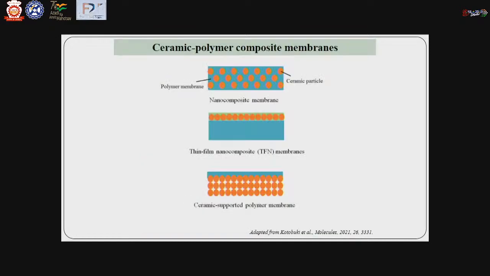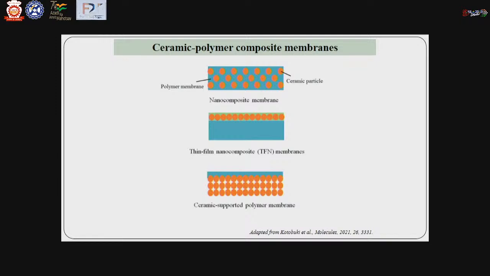Now coming to ceramic polymer composite membranes, they can be broadly classified into three types. The first type is the nanocomposite membranes, where ceramic nanoparticles are embedded in a polymer matrix. They are also called mixed matrix type membranes. The second type is the thin film nanocomposite membranes, where ceramic nanoparticles are dispersed in the thin film active layer of the membrane.